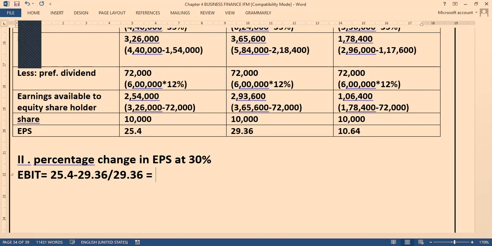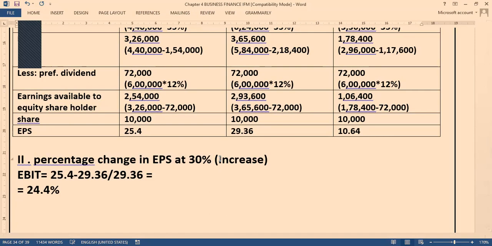Let me calculate: 25.4 minus 29.36 divided by 29.36. You'll be getting approximately 24.4, so the change is 24.4 percent. Mention this for the increase also.